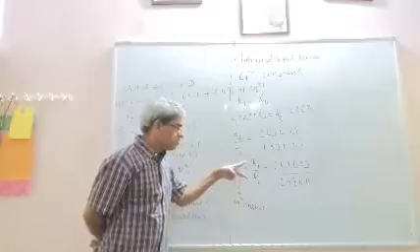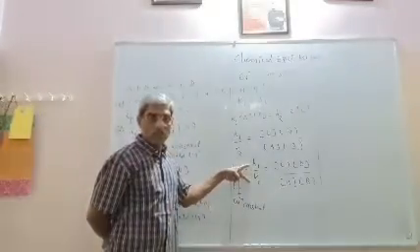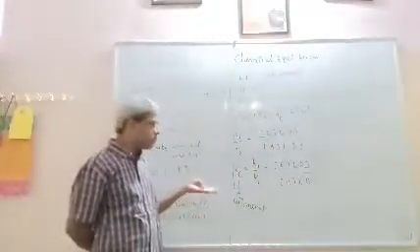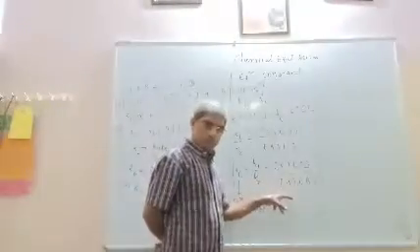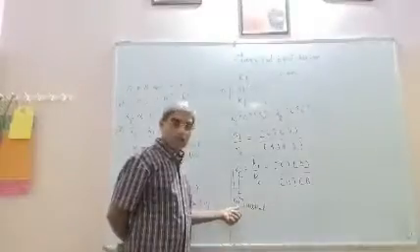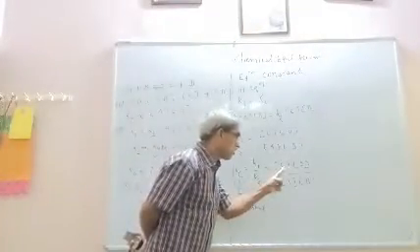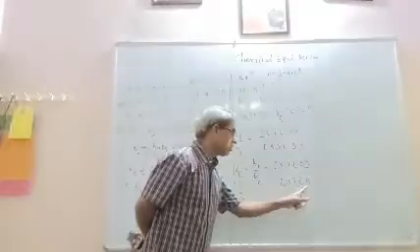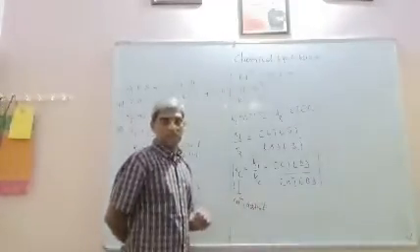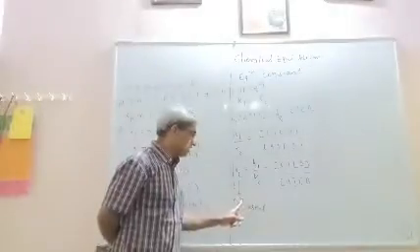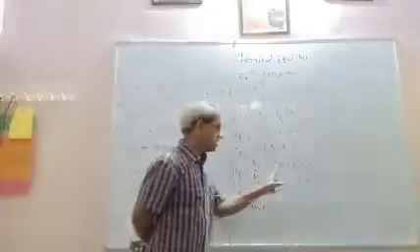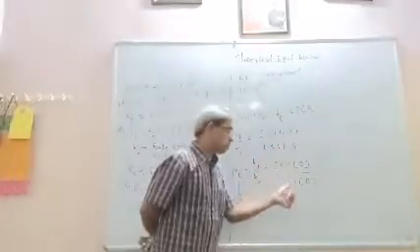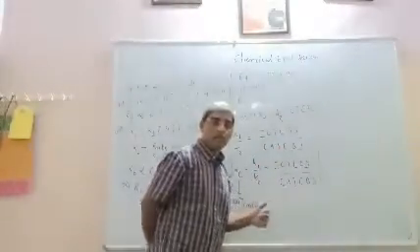Concentrate on this ratio. The equilibrium constant is also defined as the ratio of the product of active masses of products to the product of active masses of reactants. I will repeat the same.